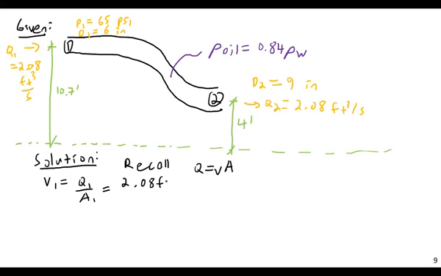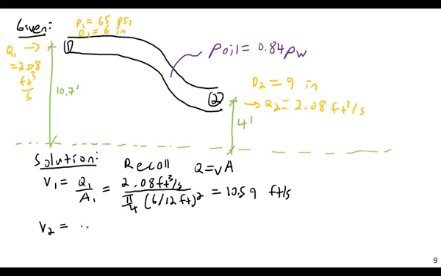So 2.08 cubic feet per second divided by pi over 4, and I am just going to right away convert from inches to feet, 6 over 12 feet quantity squared, and this will come to 10.59 feet per second. So that's our velocity at point 1.